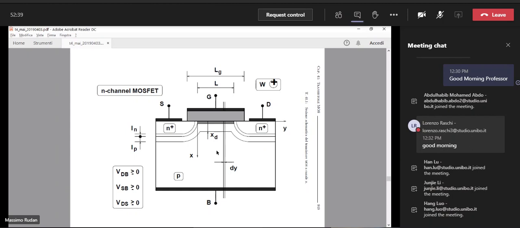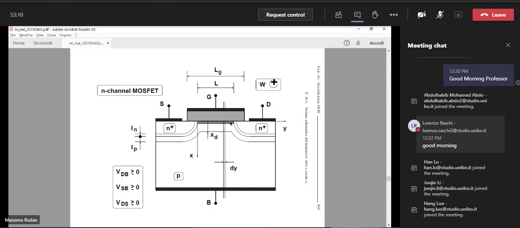And we imagine that the gate to bulk voltage, VGB, is large enough to produce the condition of strong inversion of the interface. So we have a layer of electrons, and this layer is the thin gray region along the channel, okay?